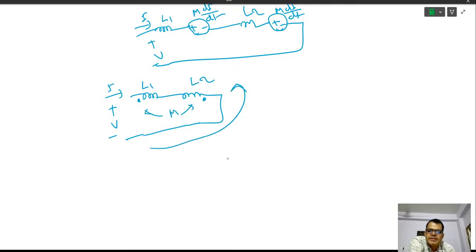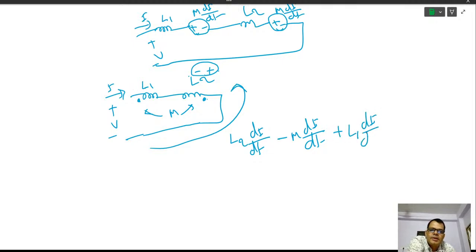Now I traverse in these directions. L2, no issue, L2 di upon dt. Now come to the dot case. The current is entering in the dotted terminal, right? So according to Lenz's law, dotted terminal positive. That means the source will be like this, plus minus. You are traversing from positive to negative, so negative M di upon dt. Now this is positive, so L1 di upon dt.